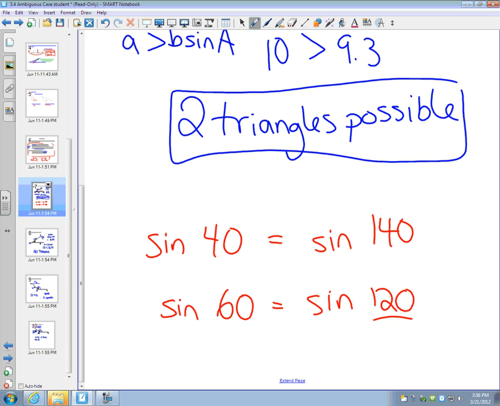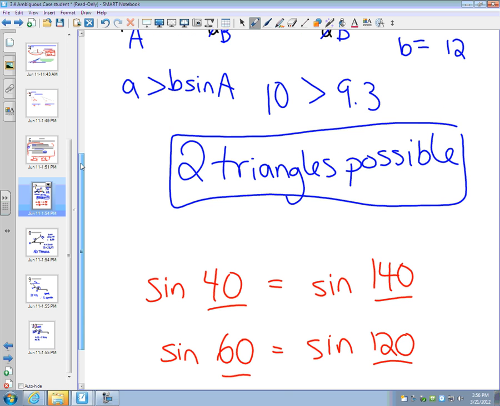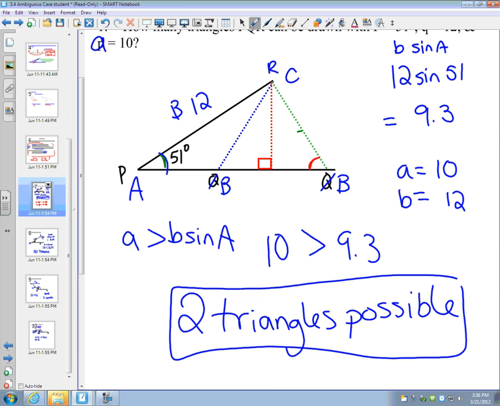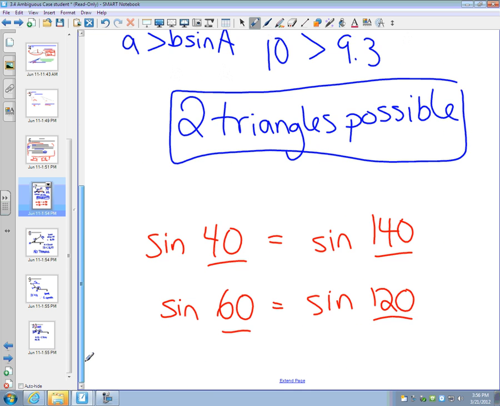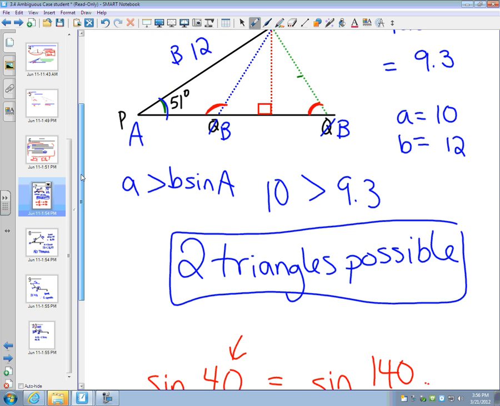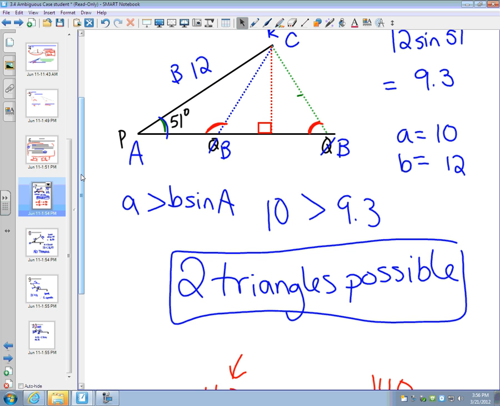Supplements adding up to 180 have the same sine. So you first look at the triangle that has an acute angle and solve for that angle using the sine law. Then you draw that second possible triangle and use the sine law, but if you got your angle to be 40, now use 140 instead and solve that triangle. I can show you as we come to an example in class tomorrow. Actually, that's probably what I'll start with tomorrow.